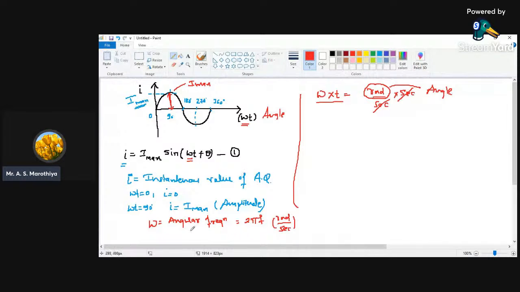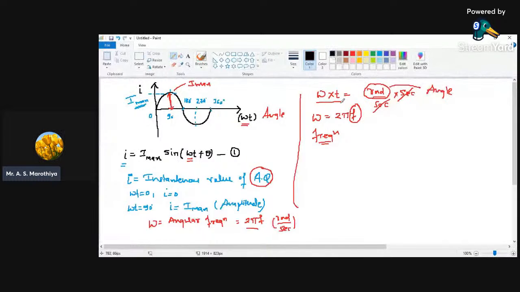So omega is angular frequency, the expression to calculate this is 2 pi f, and the unit is radian per second. Now if you see the mathematical expression for omega, which is nothing but 2 pi f, here this f is called the frequency of this alternating quantity. Now what is frequency?